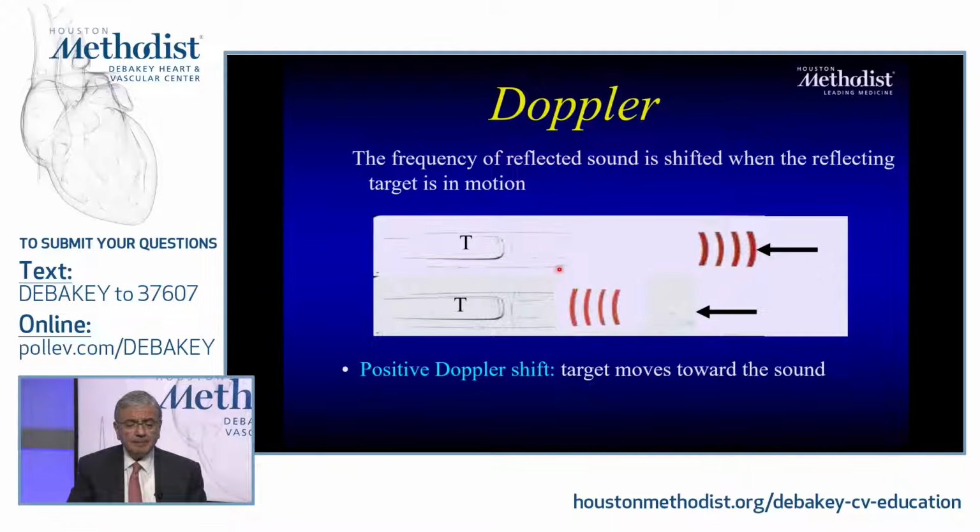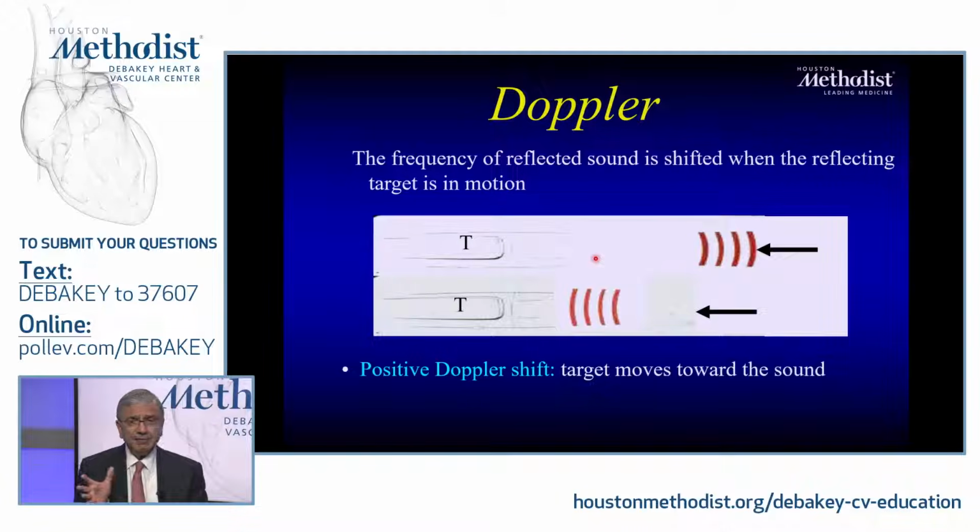So basically, if you send this fundamental frequency, and it's hitting a moving object, it's very interesting that if the moving object is coming towards you, the frequency shift will be much higher frequency. So therefore, the packets, the wavelength, is actually smaller compared to what it was before. And if it is going away from you, the frequency will be lower and the wavelength would be longer.